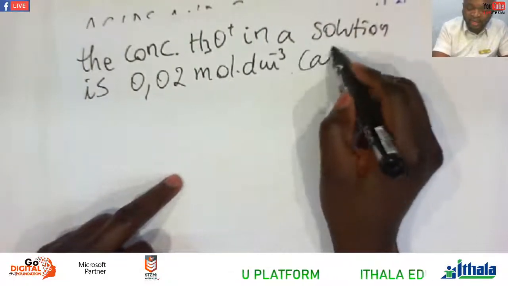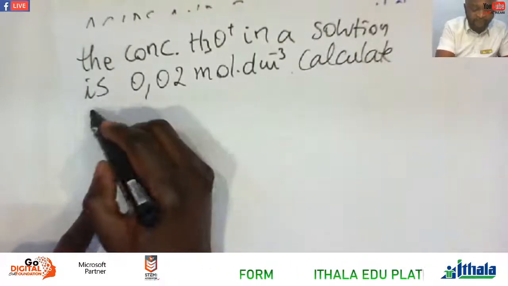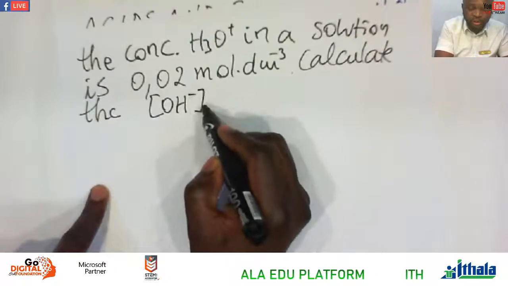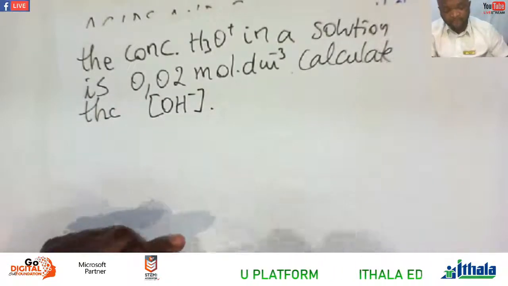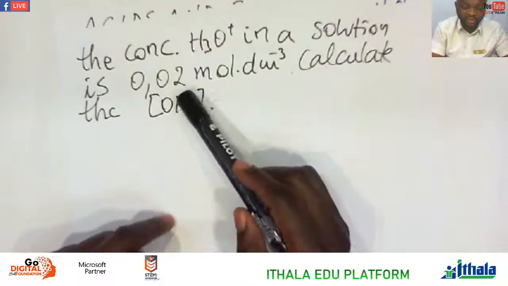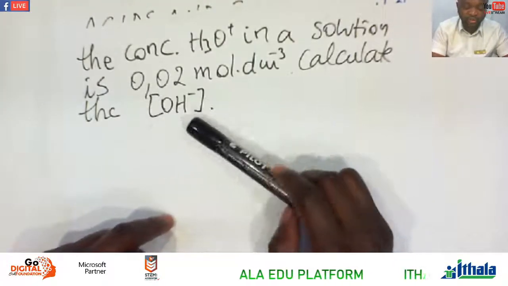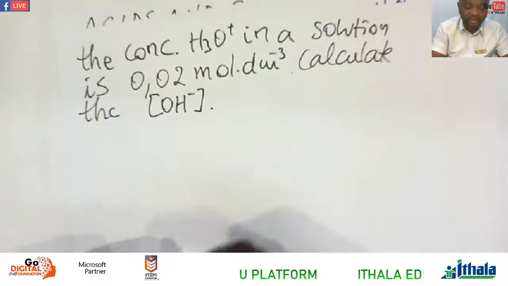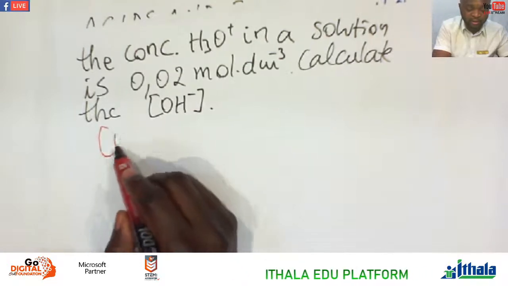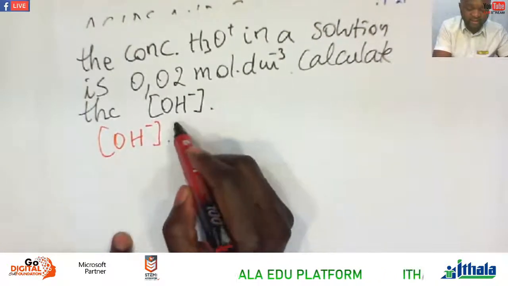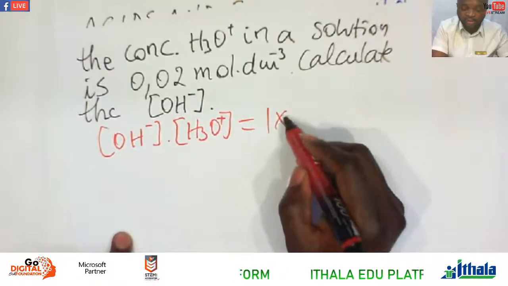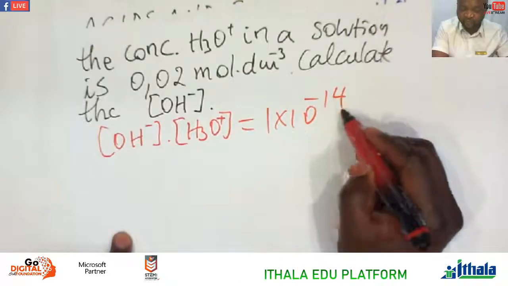But we want to calculate the concentration of OH minus, right? What we know is that since we have the concentration of H3O plus, the concentration of OH minus is what we want, so we can easily get it. From the formula, the concentration of OH minus times the concentration of H3O plus equals 1 times 10 to the power negative 14.